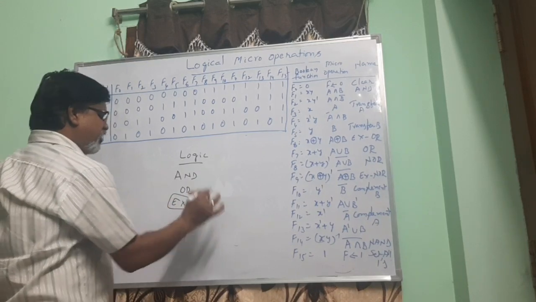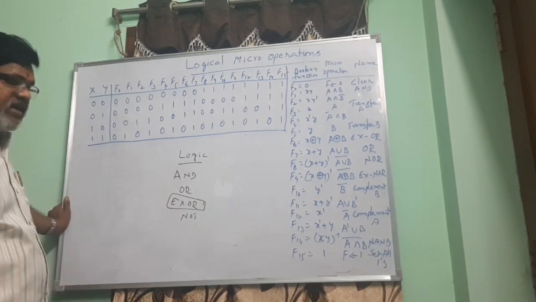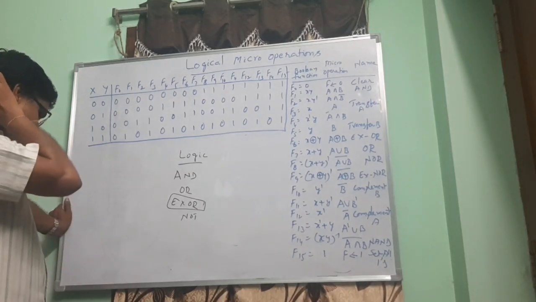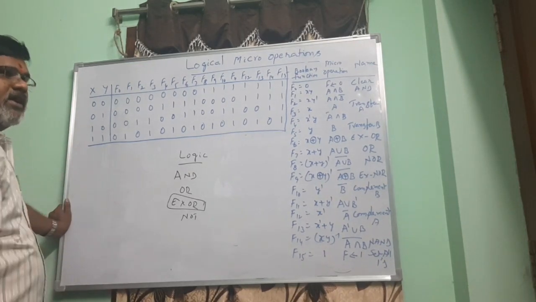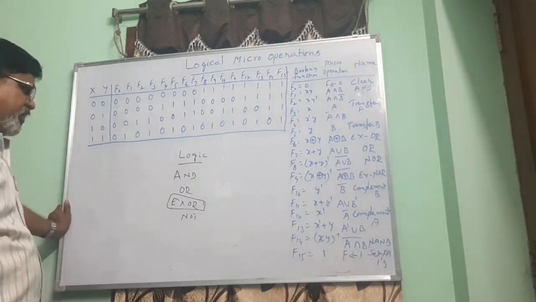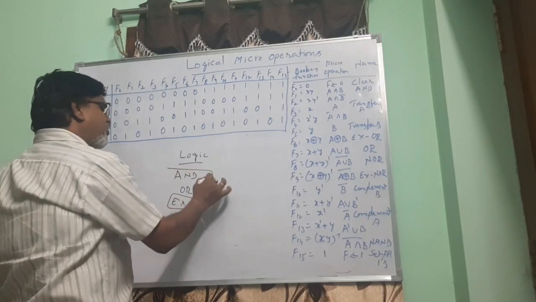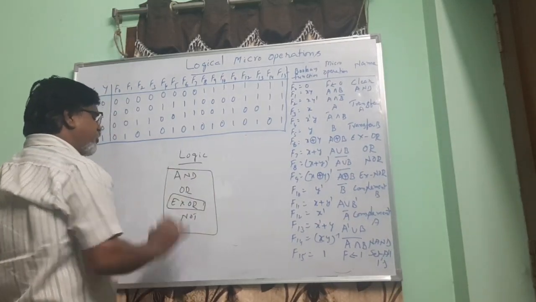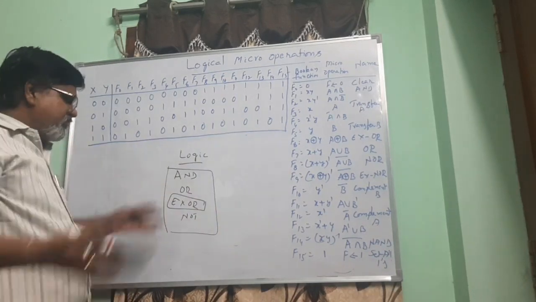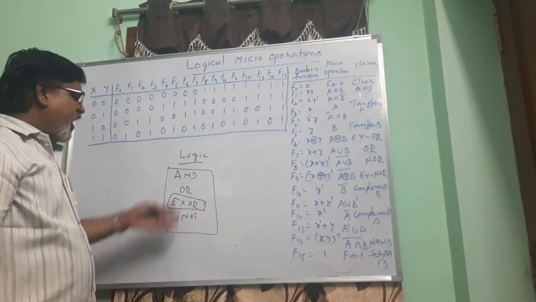I think you know very well the importance of the XOR gate, which we have used in our multiplication operation and division circuit, etc. Even though there are basically 4 micro operations, different logical operations can be performed.